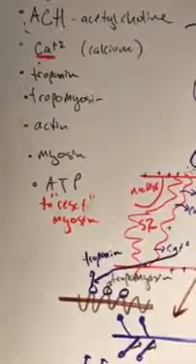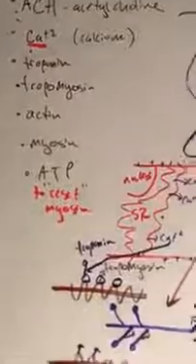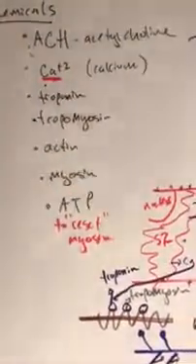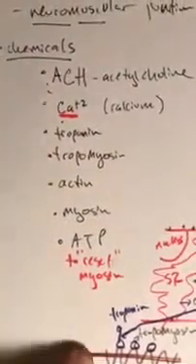If you want to make this whole thing stop, so you're done contracting, you grab that cupcake, now you want to put the wrapper down, you start up here, and then you turn everything off. If I turn off the neural signal, so I tell the neuron to stop, it's going to stop releasing ACh. As soon as ACh is gone, the calcium gets sucked back up by the sarcoplasmic reticulum.